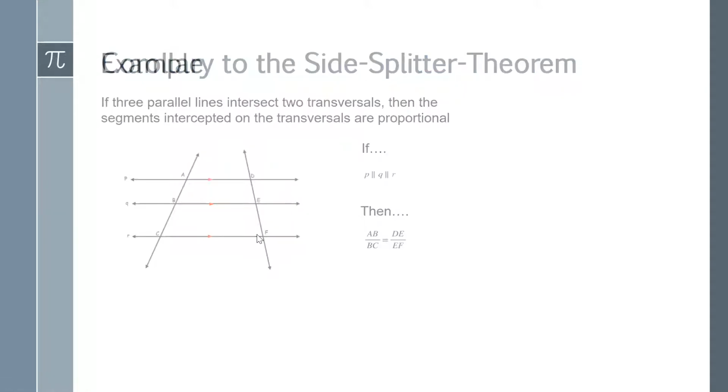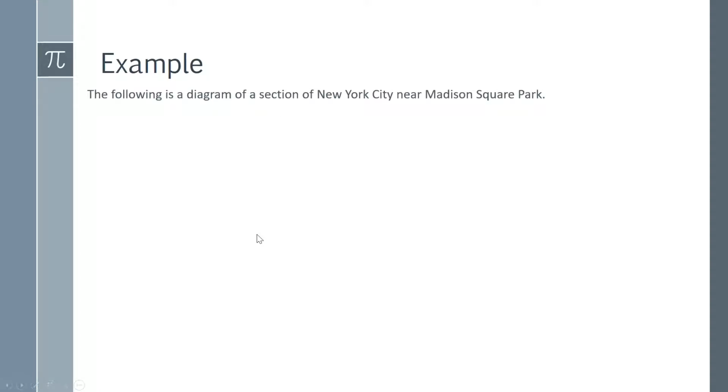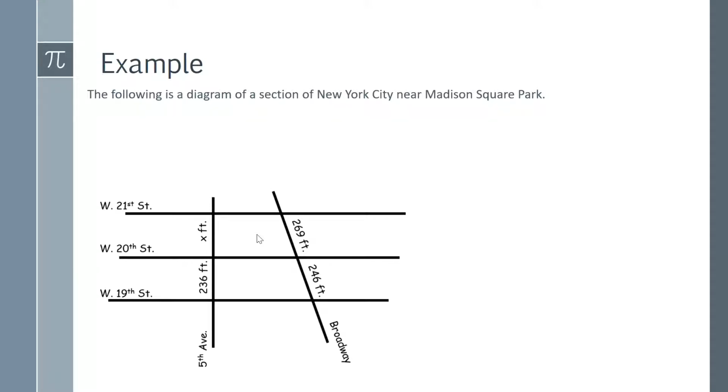So let's look at how we're applying this in the lesson. We're going to look at a diagram. This is kind of a cross-section of what New York City looks like near Madison Square Park. So you can see we've got a set of parallel lines here. So 20th and 21st Street are parallel lines. These are transversals. We've got some distances here that we kind of figured out, and we want to determine the value of x, the distance of x.